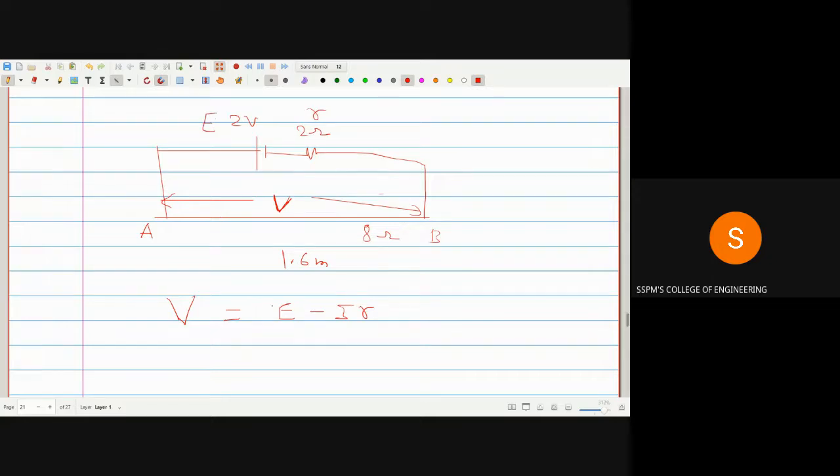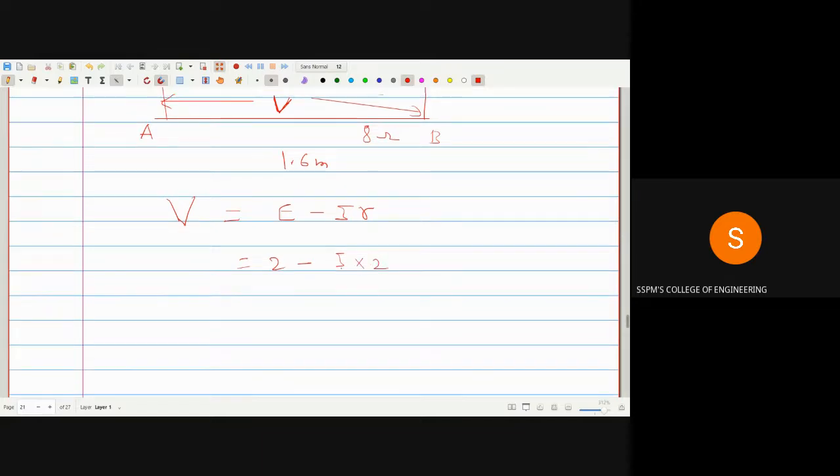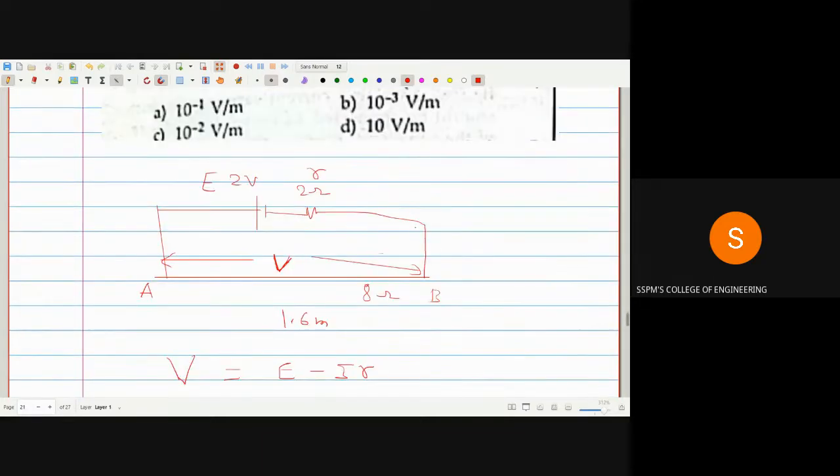So V is 2 volt minus I into 2. R is given as 2, but the current is not known. Now find the current using Kirchhoff's voltage law. The current I is equal to E divided by R plus 8.